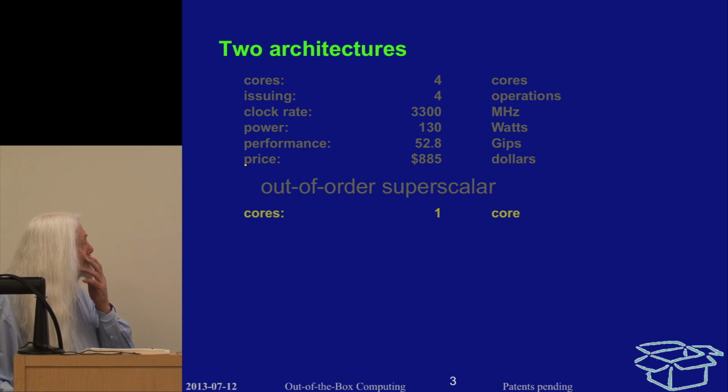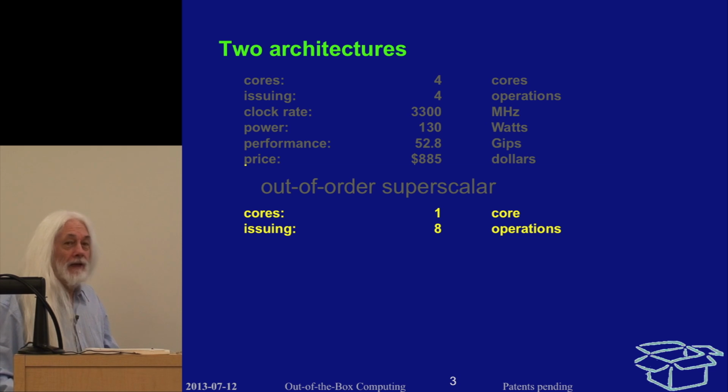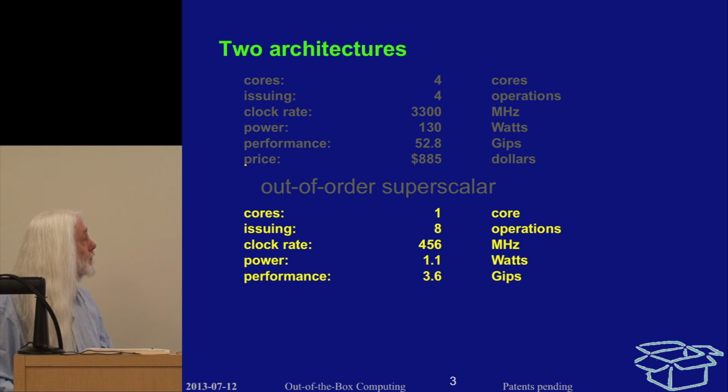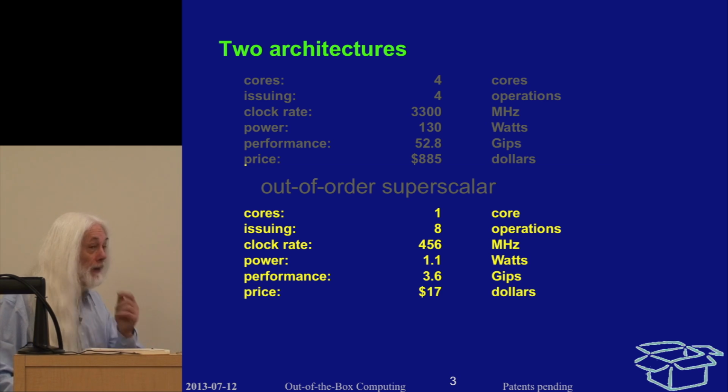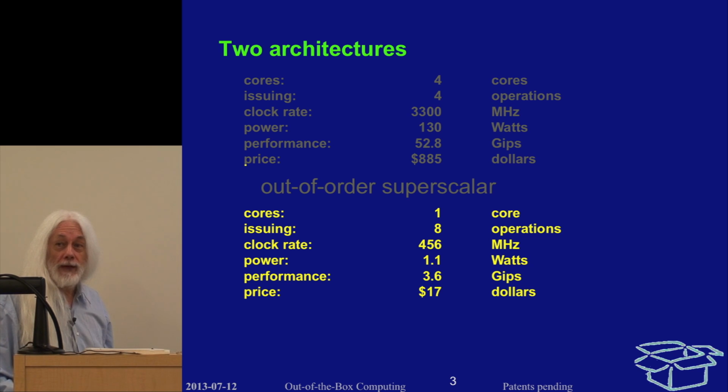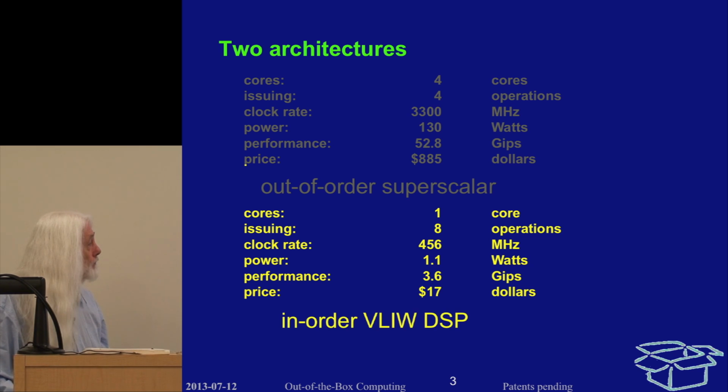A different one has a single core, which can issue 8 operations peak per cycle, half a gigahertz, only 1.1 watts, and only 3.6 giga instructions per second. But you can buy them in quantity of 1,000 for 17 bucks.